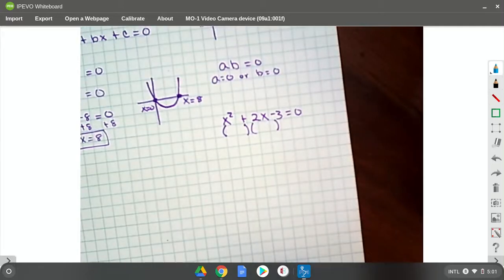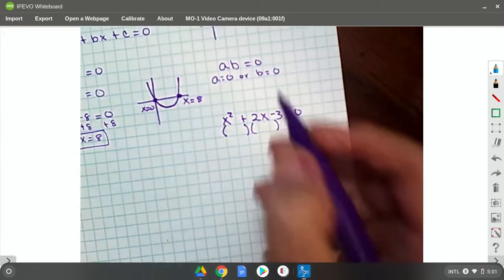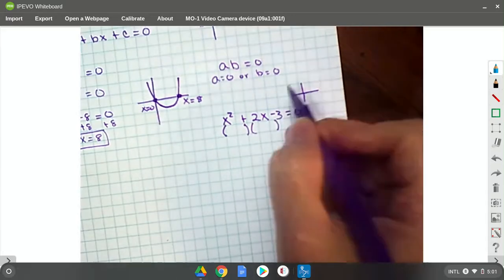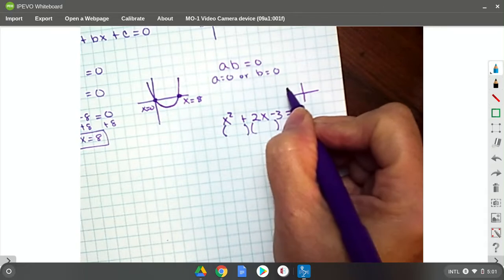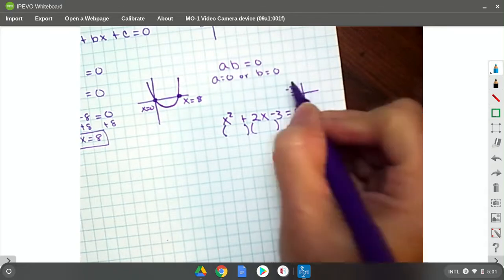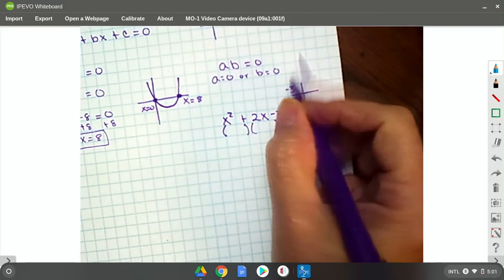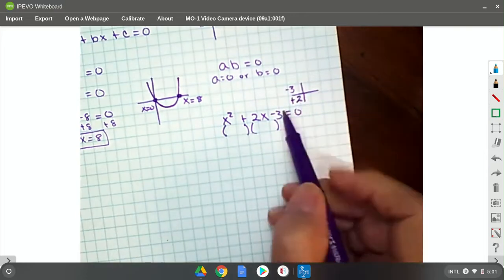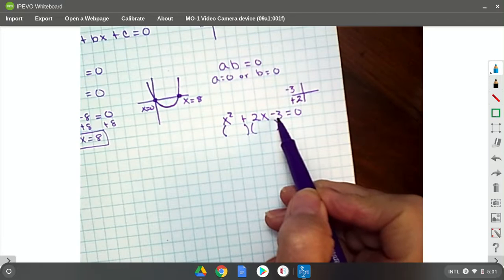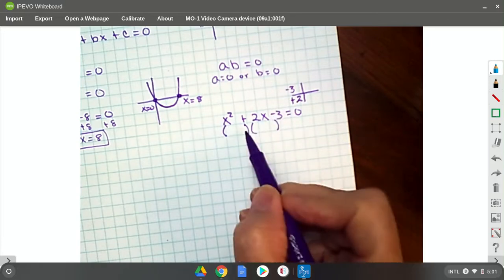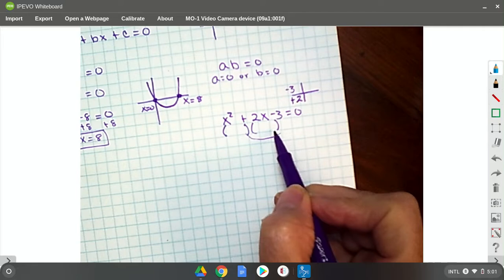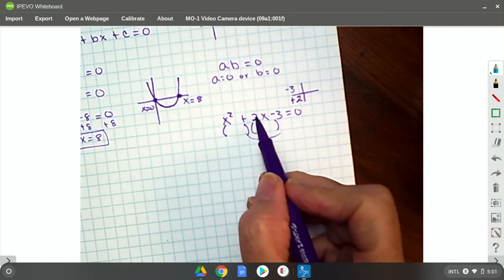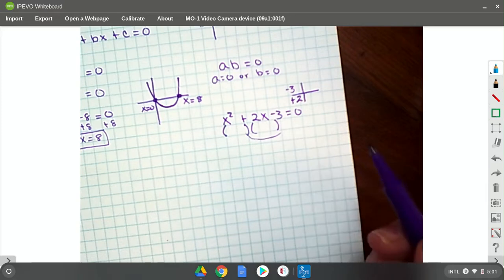Remember, we're doing that FOIL thing backwards. And what I'm looking for is two numbers that when I multiply them, I will get a negative 3, but when I add them, I will get a positive 2. I want to multiply to that negative 3, because remember in FOIL that would be our last term, right? But I want to add to a positive 2.